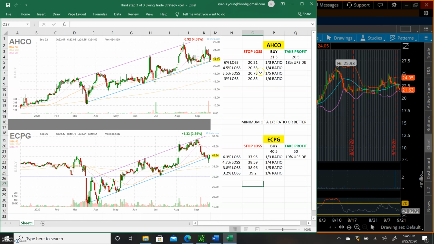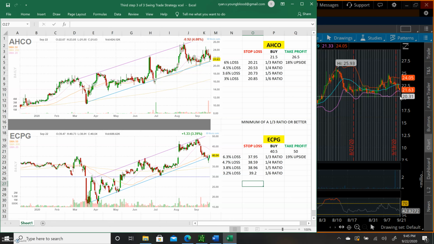If we did a 6% stop loss at $20.21, that's going to be down here. That's plenty of space for the stock to be volatile and work around. You want to give the stock a little bit of room to wiggle around and work for you.